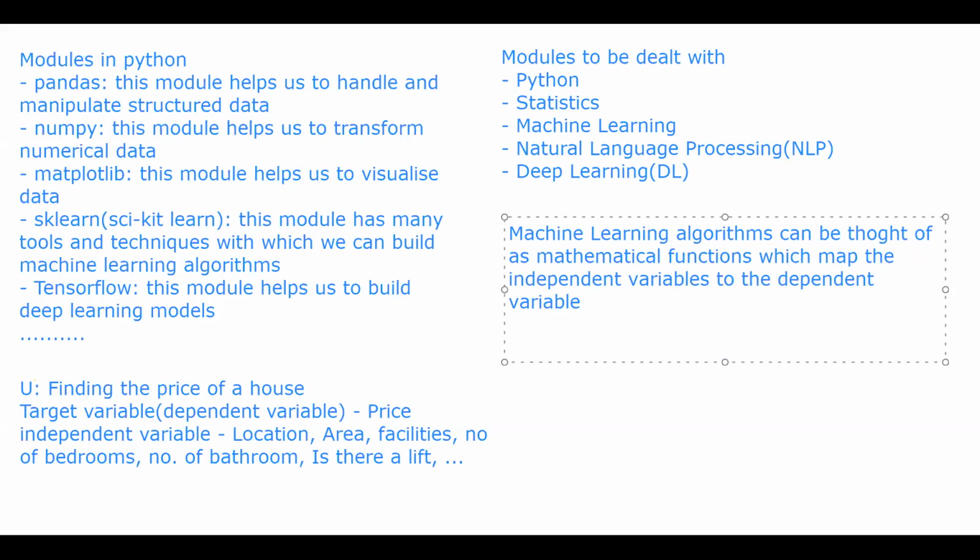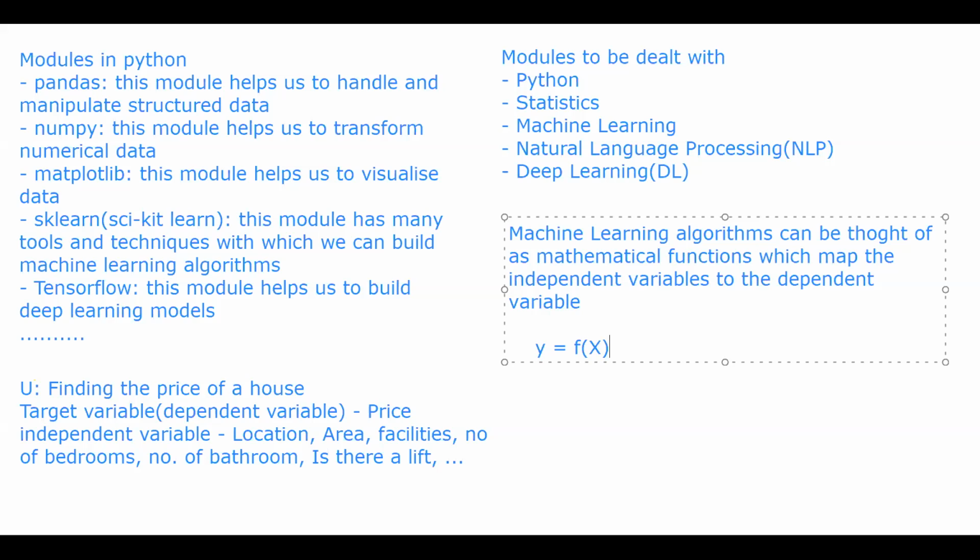Like if I say y equal to f of x, in this particular scenario, y is my target variable or my dependent variable, x are my independent features or independent variables, and the term f, which is the mathematical function, is the machine learning algorithm.